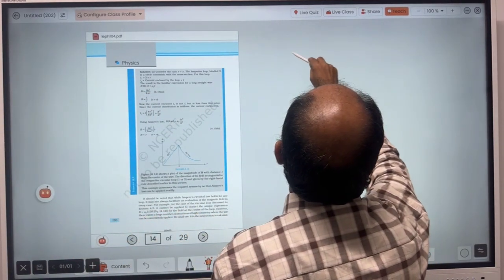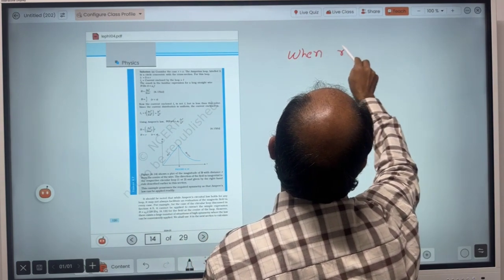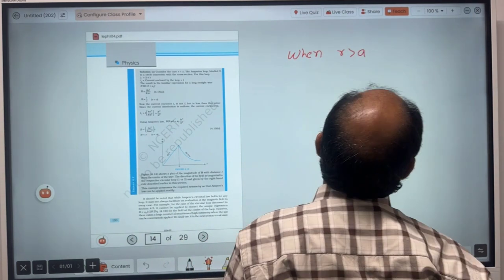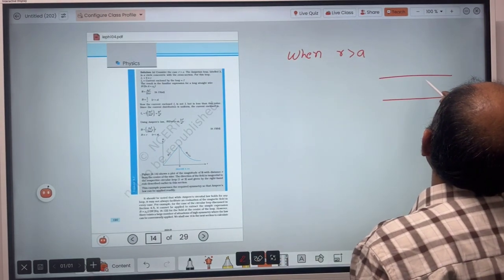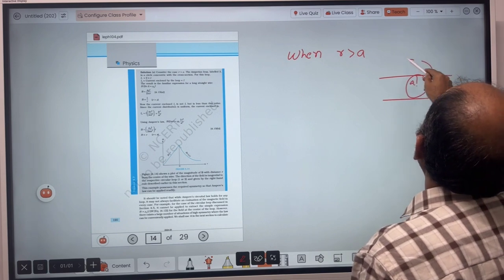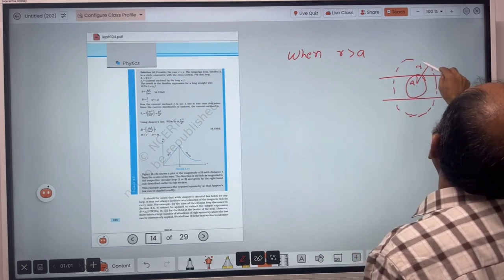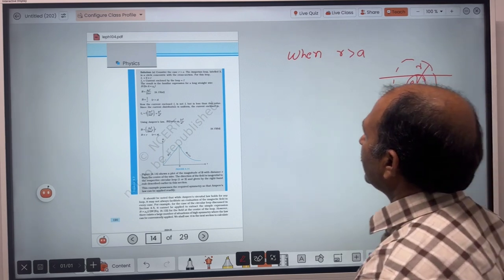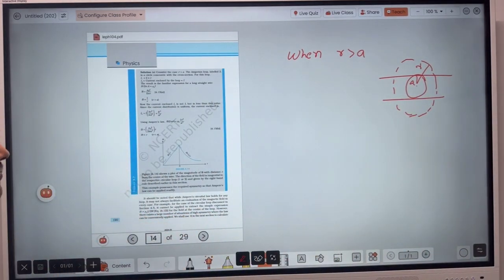So when small r is greater than a, what will be the current enclosed? The wire is like this, radius is a, and now we are considering this type of circle, radius r, right? In this case the formula will remain the same.